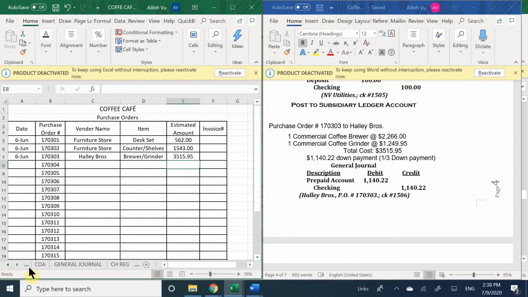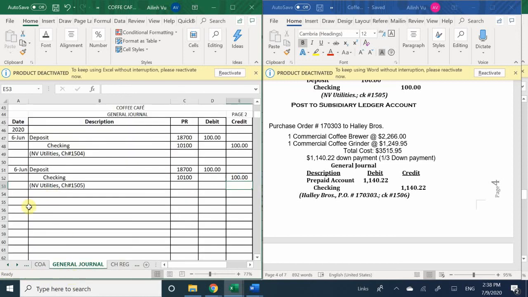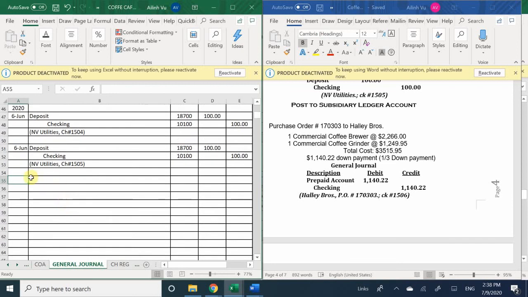All right. And then I'm going to go to my general journal. And now I'm going to recognize that here I am going to pay a 1/3 down payment. Okay, so I'm going to go ahead and indicate it here on June 6th.